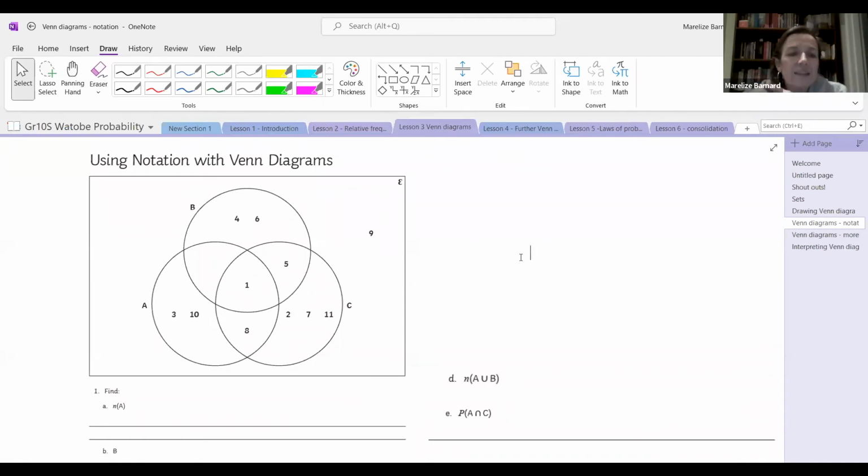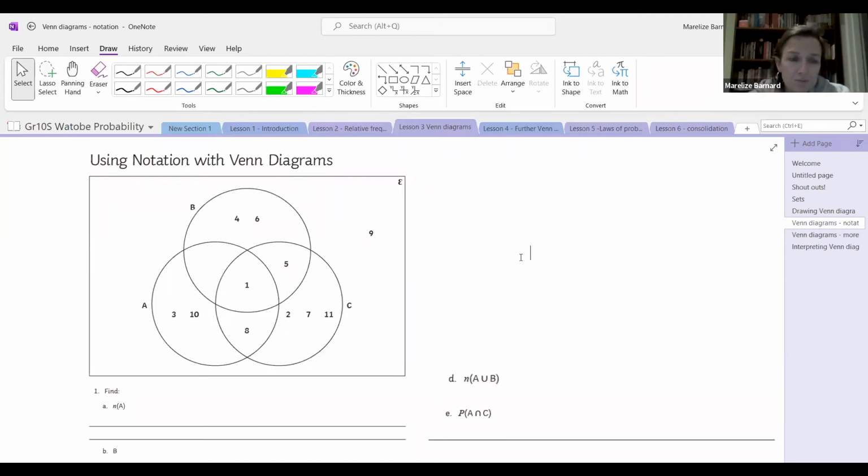Okay, so we've got here event A, event B, event C, and they do overlap, so there is intersection. And we've got these all represent numbers.